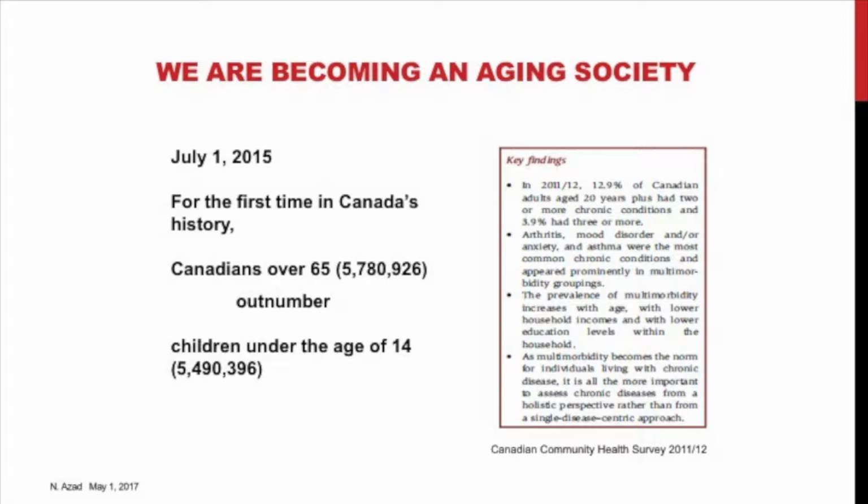So that means our approach, treatment, and care for these individuals ought to be different. A disease-specific approach and management really does not work for our older population with frailty and multimorbidity.